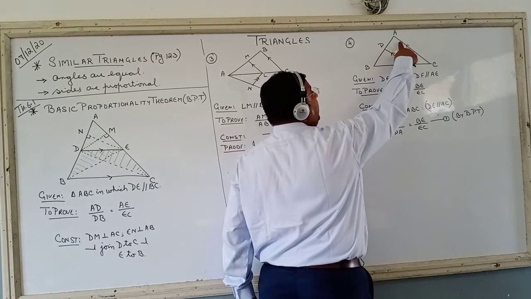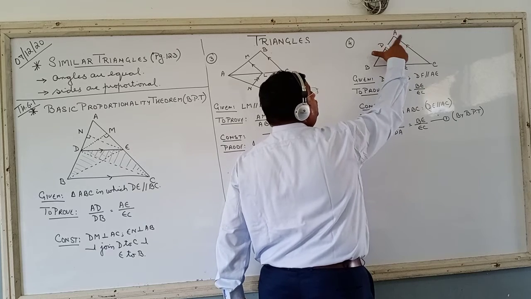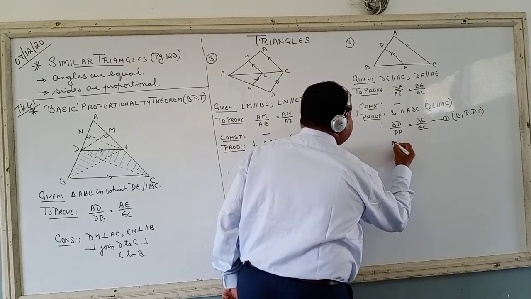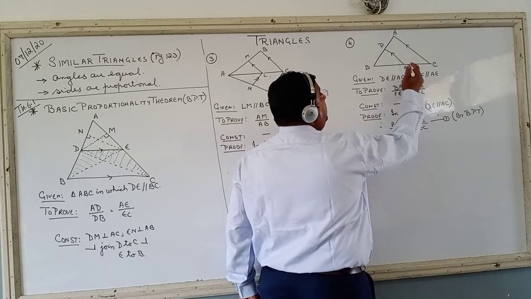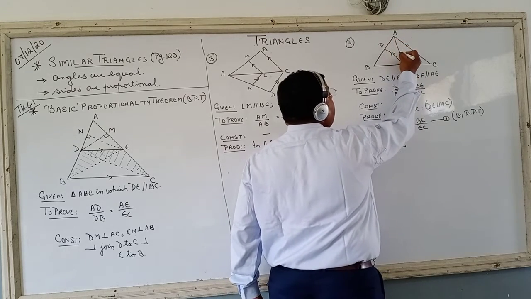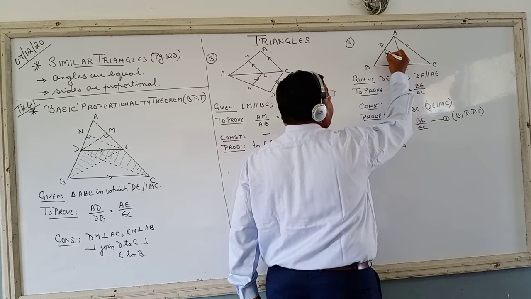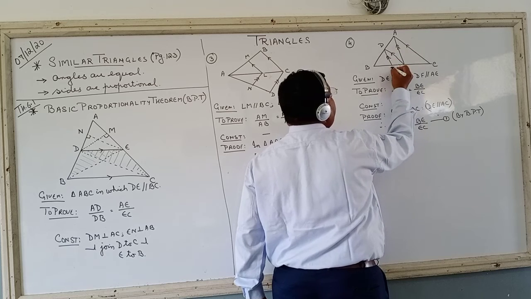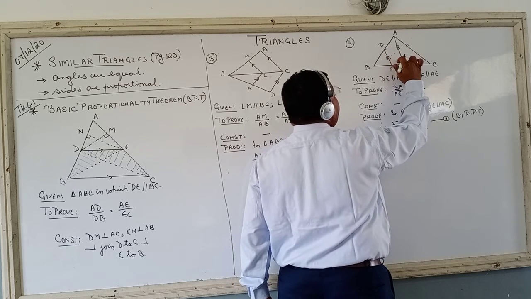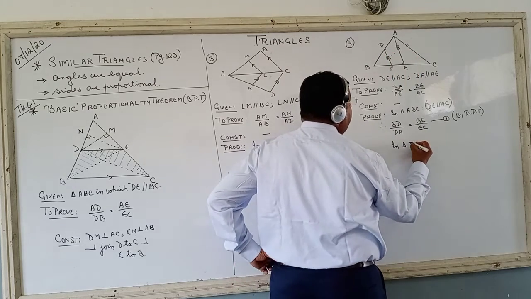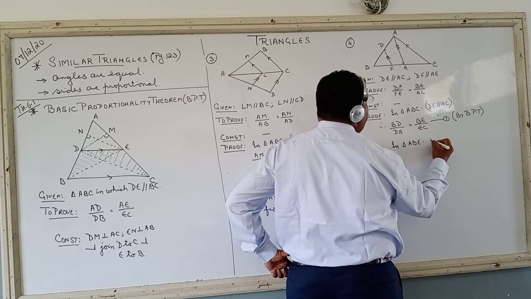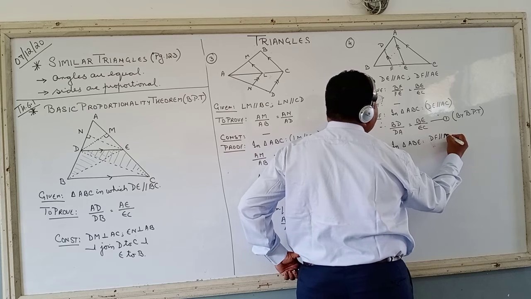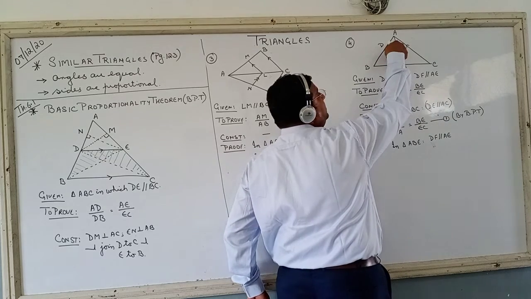If a line is drawn parallel to one side of a triangle, the other two sides are divided in the same ratio. Similarly, second one, in triangle ABE. Check. I am removing this line for the time being. In triangle ABE, DF is parallel to AE.